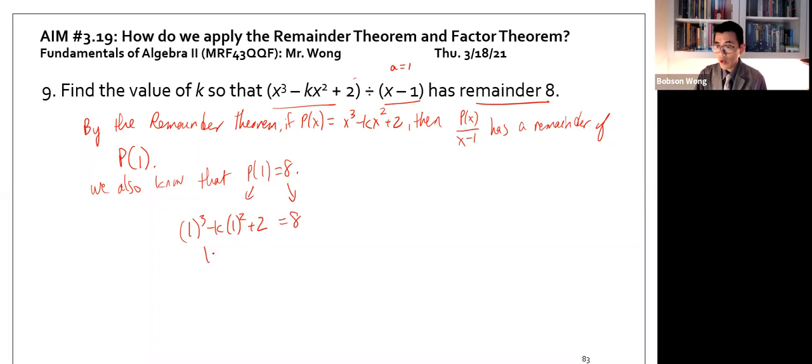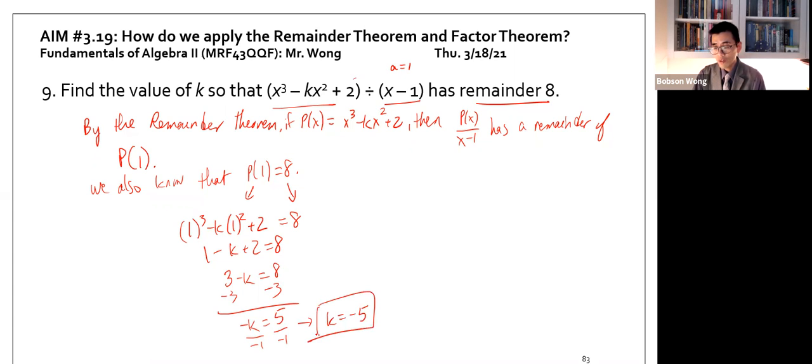1 to the third is 1, minus k times 1 squared is k, plus 2 equals 8. We can combine like terms and get 3 minus k equals 8. Subtract 3, and we get negative k equals 5. And if we divide both sides by negative 1, we get k equal to negative 5.